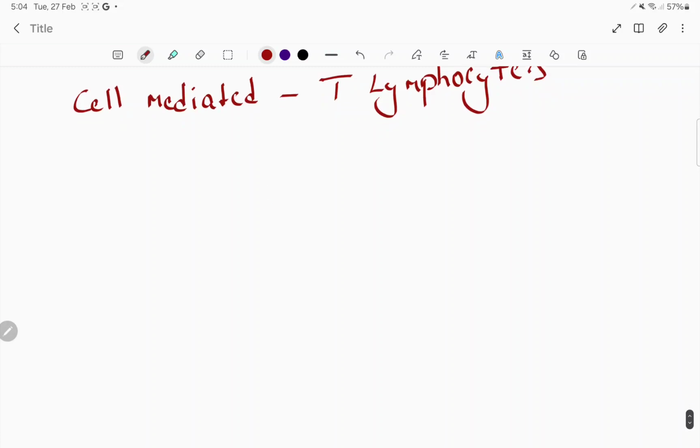Let's see some of the bacterial or viral infections, what disease is caused and what is the organism that causes it.